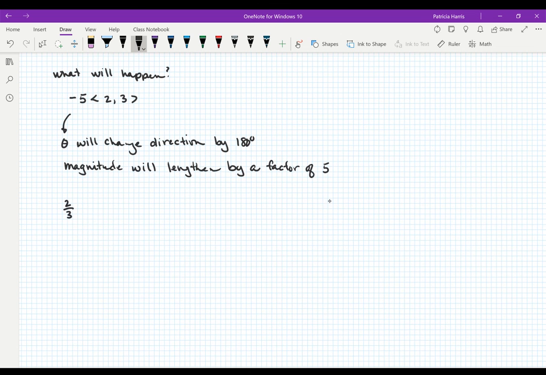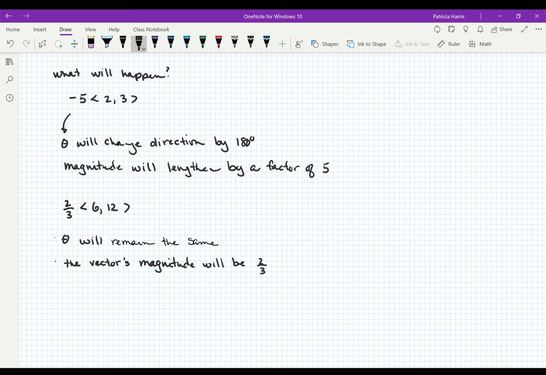Okay, let's do 2/3. What will happen? Theta will remain the same, and then the vector's magnitude will be 2/3 of its original length.